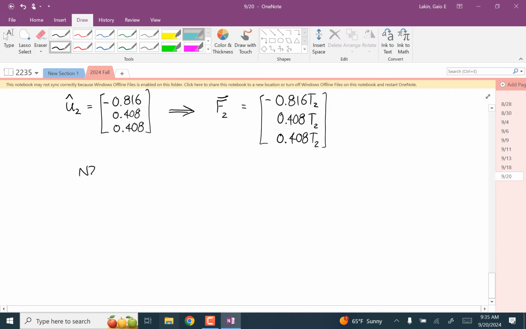So Newton's second law says, I'll just put it in the vector form, Rx, Ry, Rz plus 0, negative 490.5, 0.